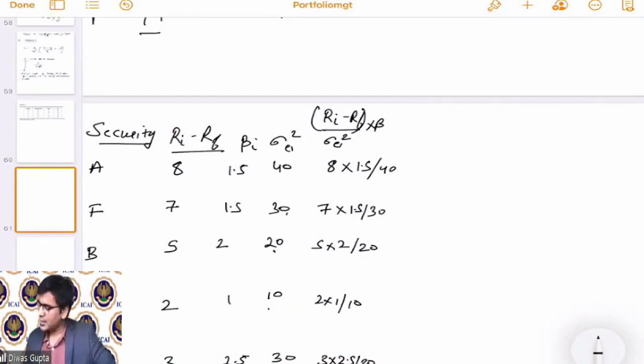So 8 into 1.5 divided by 40 comes as 0.30. Seven into 1.5 divided by 30 comes as 0.35. 5 into 2 divided by 20 comes as 0.5. 2 multiplied by 1 divided by 10 comes out to be 0.2.